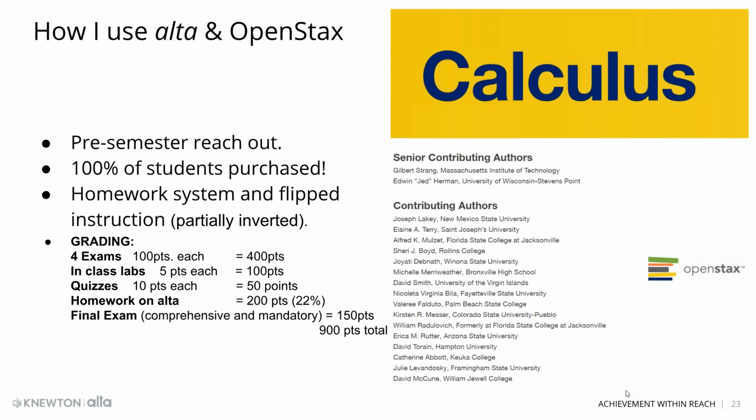My grading is based on 4 exams throughout the semester. I still give pencil and paper exams in class. The conceptual activities that we do in class, I call those labs. Every time that we do a lab, which is almost every day, a student will turn that in the next class session, and I grade those for 5 points each.